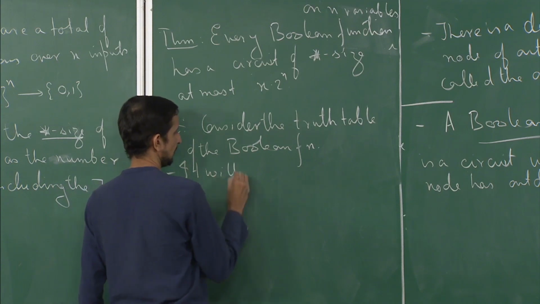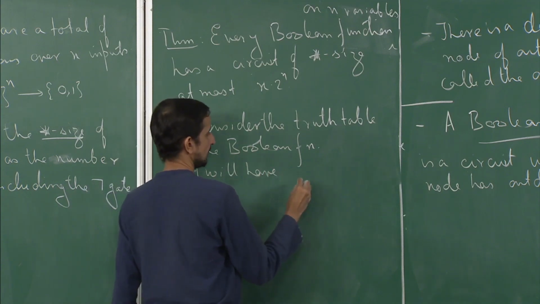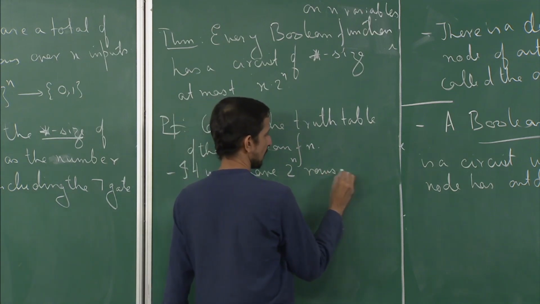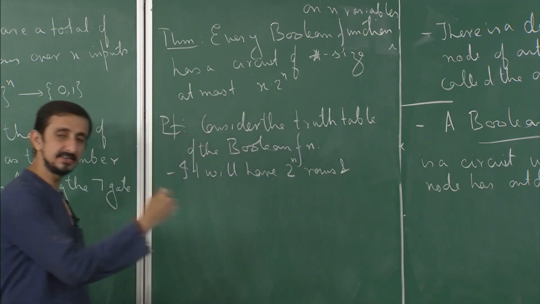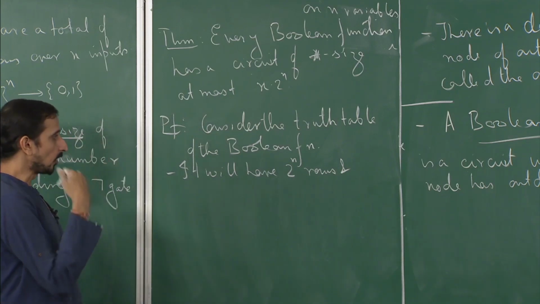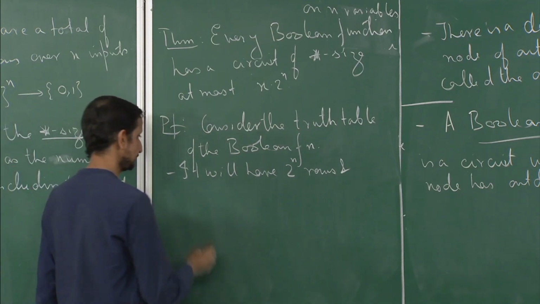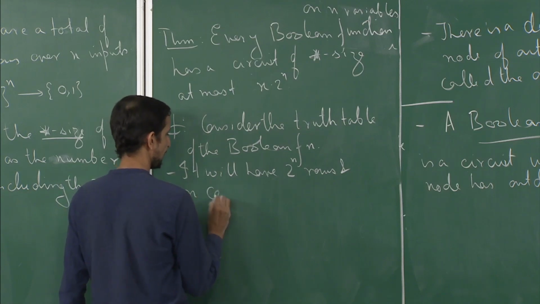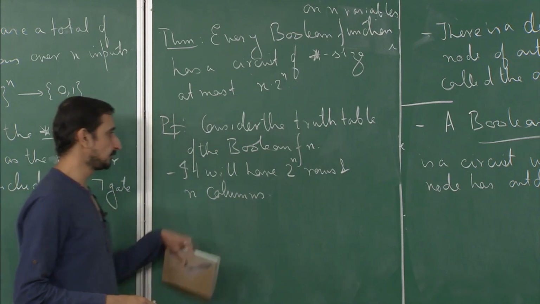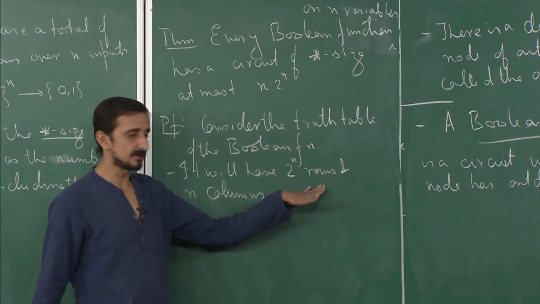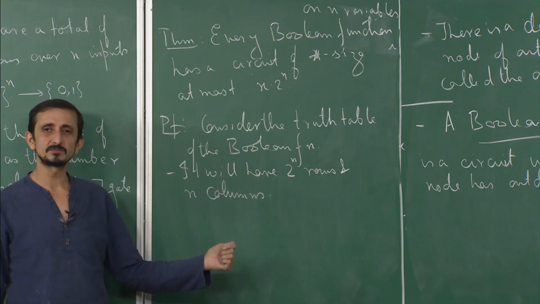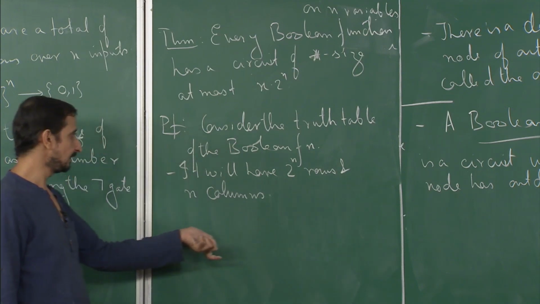It will have 2 to the power n rows, and the number of columns that you would have is n columns, corresponding to each variable. So each row corresponds to each setting of the variables, and each column corresponds to a different variable.